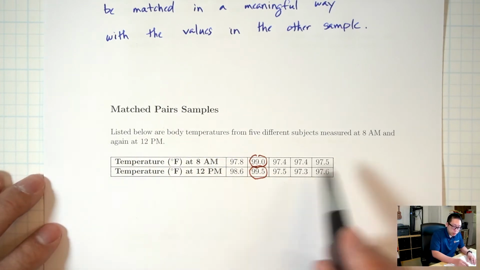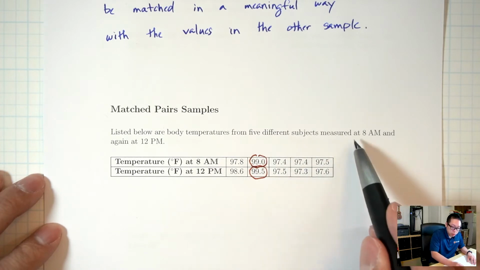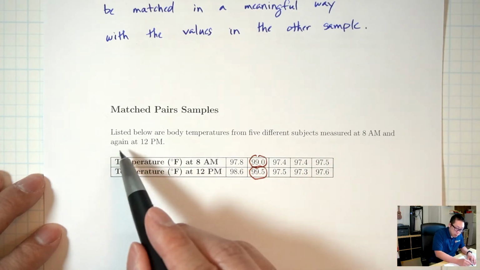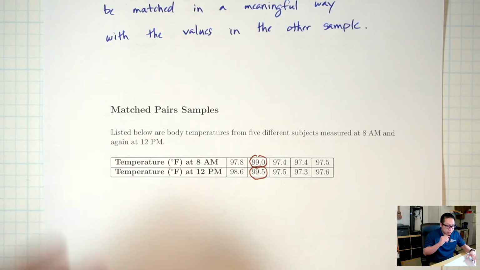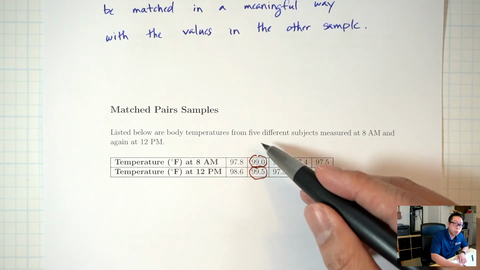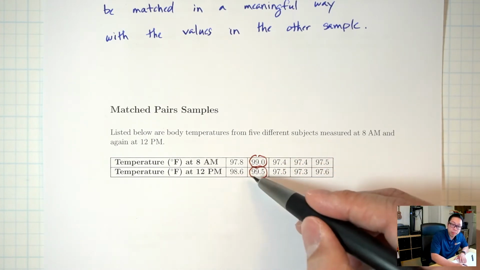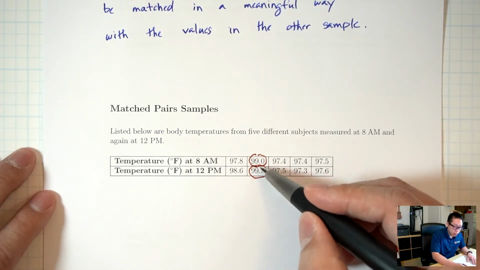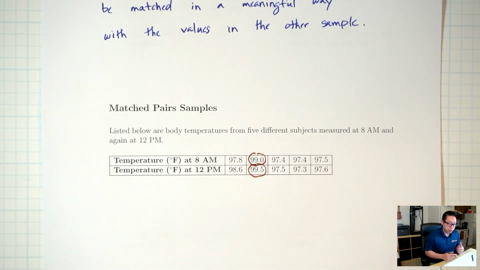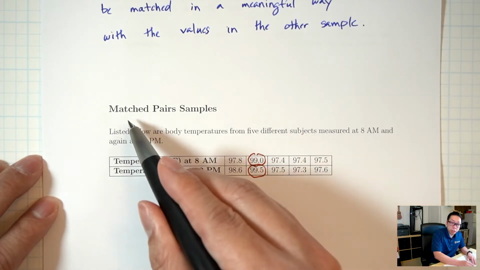Because based on the way that it's described here, these are body temperatures from 5 different subjects measured at 8 a.m. and again at 12 p.m. So what this is saying is that these two temperatures, the 99.0 and the 99.5, are actually measurements on the same person, right? One at 8 a.m. and then again at 12 p.m. So here, because they're measurements on the same person, these two measurements should go together. So they should be matched.